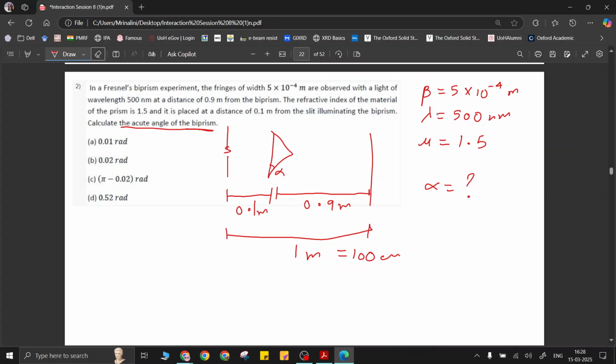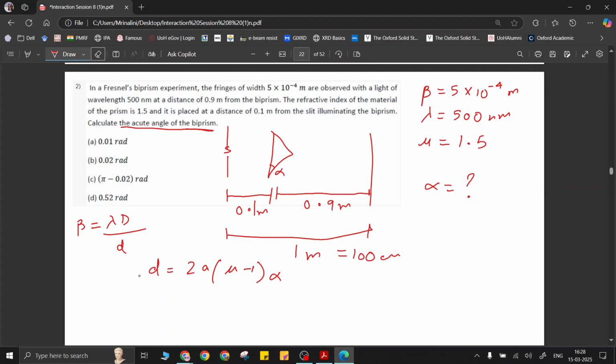we know beta, the fringe width. First we'll see what values we can obtain. The fringe width depends on lambda, the distance between source and screen, and the distance between the virtual images S1, S2. Here also we know d, that we had seen, d is given by 2a(mu minus 1)alpha, where alpha is the angle of the prism, a is the distance between the slit and the prism.